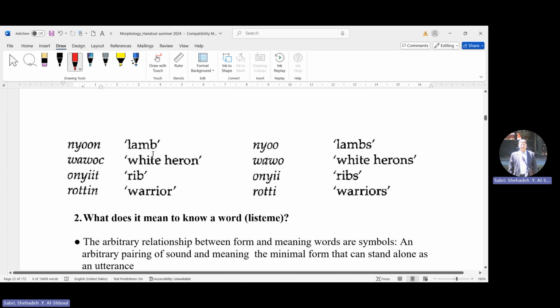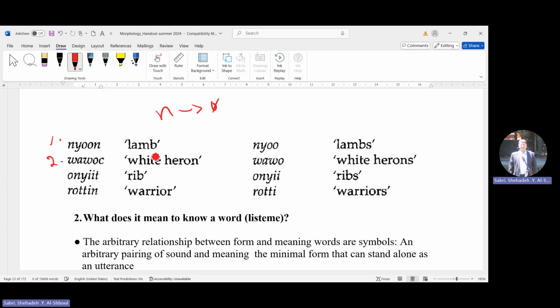The plural formation is maintained by the deletion of the na, and wawuk, white heron, wau, where here na deletes in one, and here in two it is the sa that deletes. On yit becomes on yi, so we have ta deletes, right?